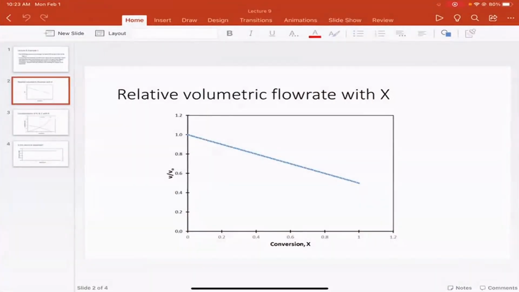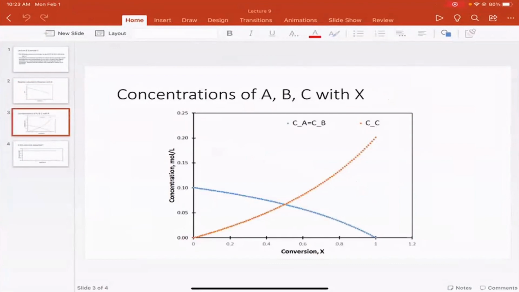And if we look at these, Ca and Cb are equal to each other, and that makes sense because they came in at the same concentration and their stoichiometry is equal to 1. So it would make sense that those two concentrations are the same. And then, of course, C is constantly increasing over the course of our reaction.